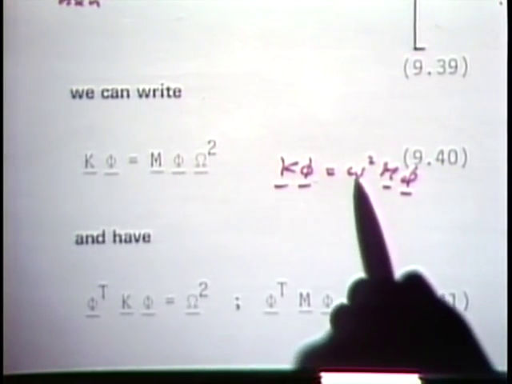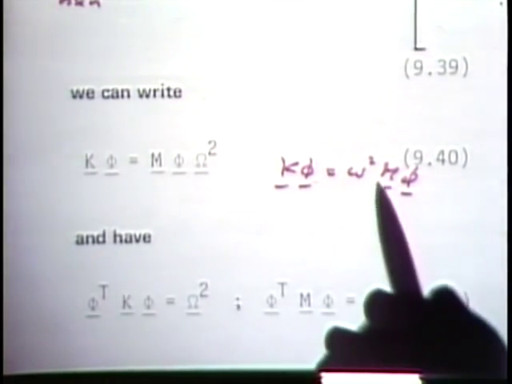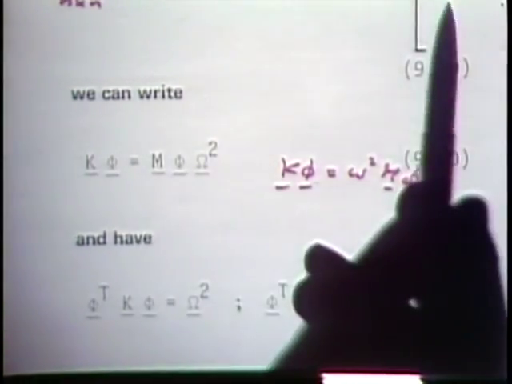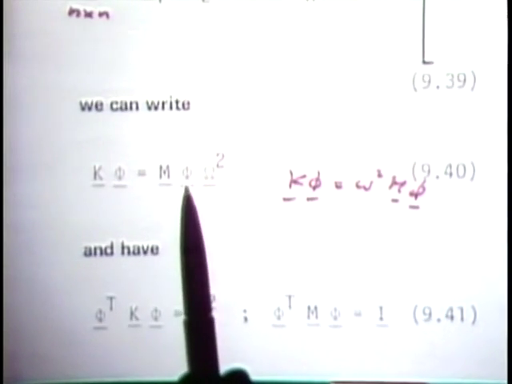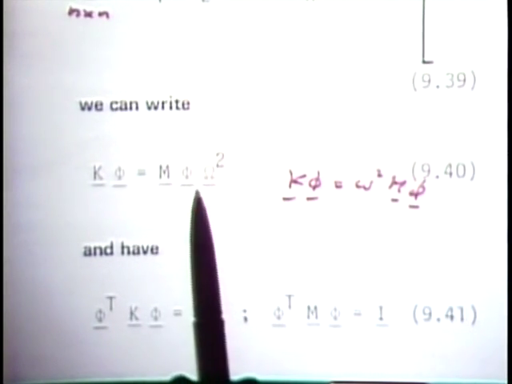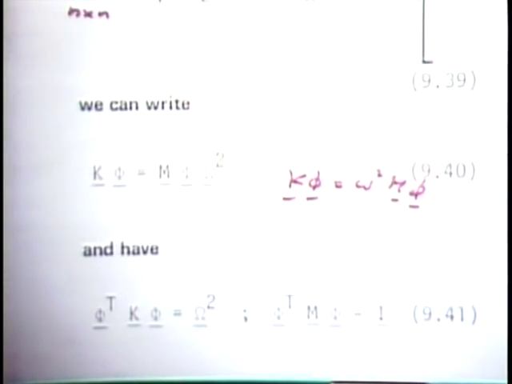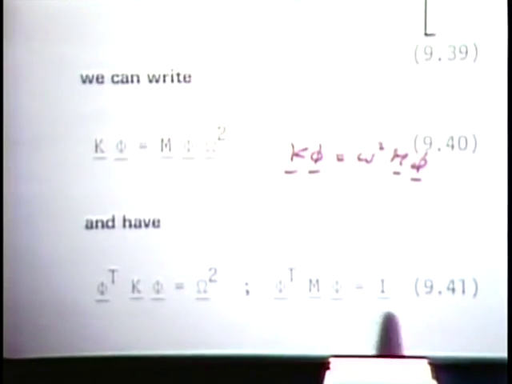However, when we have listed the solutions to this problem in this way, then we have to put the capital omega squared at the back of M times phi. You can verify that by simply multiplying out the right-hand side. We also have this relationship here, which is the M orthonormality.